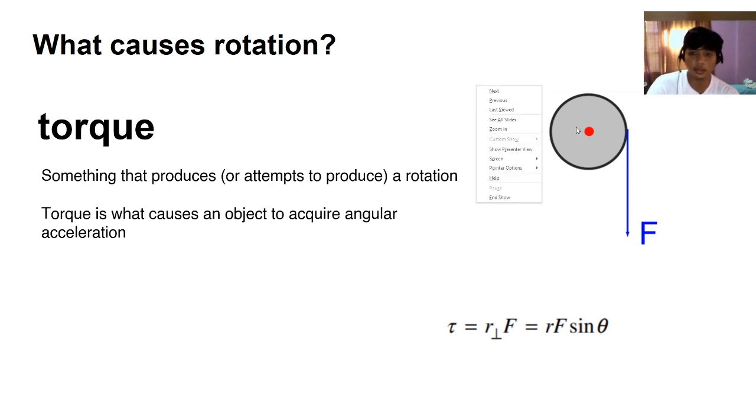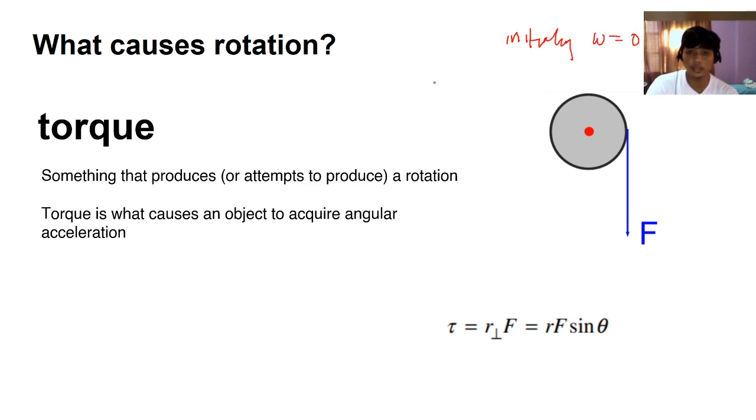Consider this figure of a pulley, and there's a force acting down on the outer edge of the pulley. Maybe it's a string, causing the pulley to rotate. Imagine before the force is applied. Initially, the pulley has zero angular velocity.